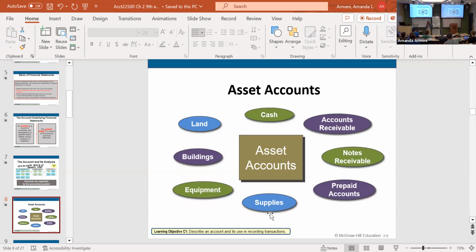As opposed to, we pay rent on August 31st. How many days are in August? 31. We pay rent on August 31st, and it was paying for the month of August that we already used. So we've already been in that office space for the entire month.